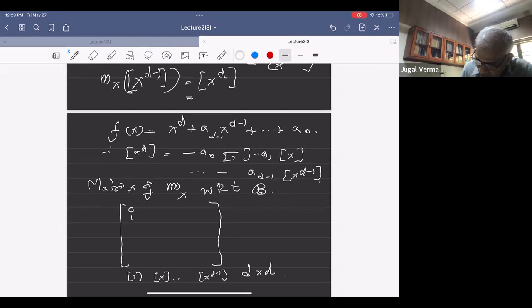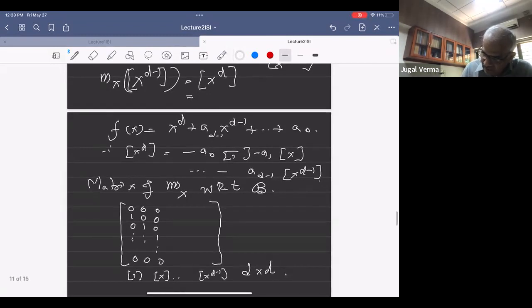So this is the first column vector. Second column vector is this. Third column vector is this. The last one, I get minus a0, minus a1, minus a_(d-1). Or maybe it's the transpose.